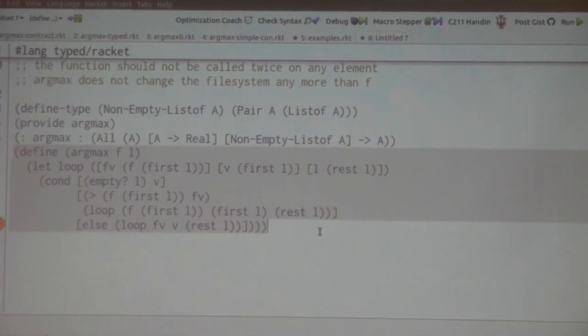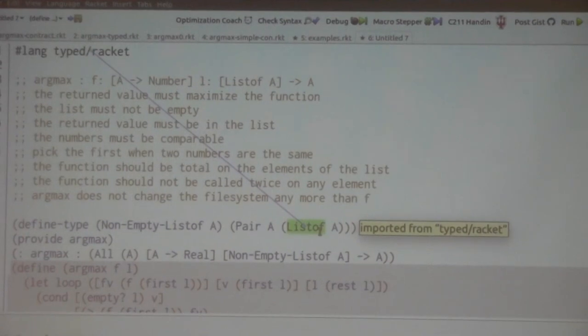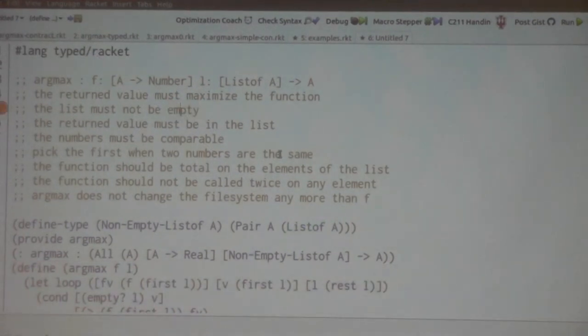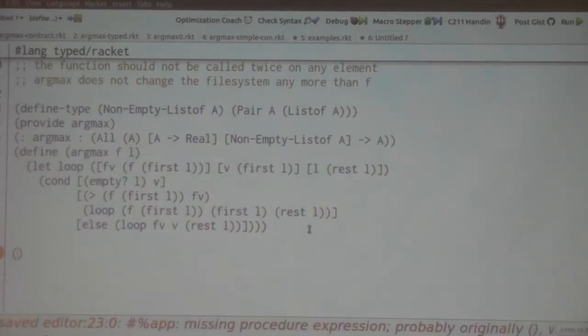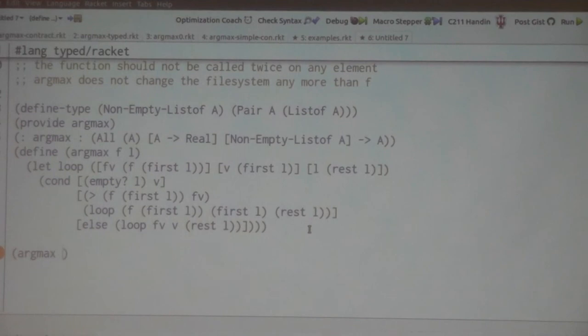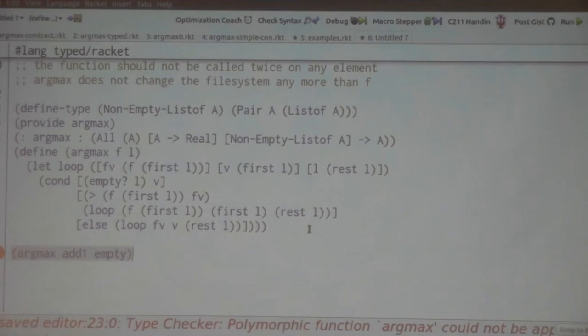So we did successfully write down that the list shouldn't be empty. And in fact, we get a type error right there when we try to call it.